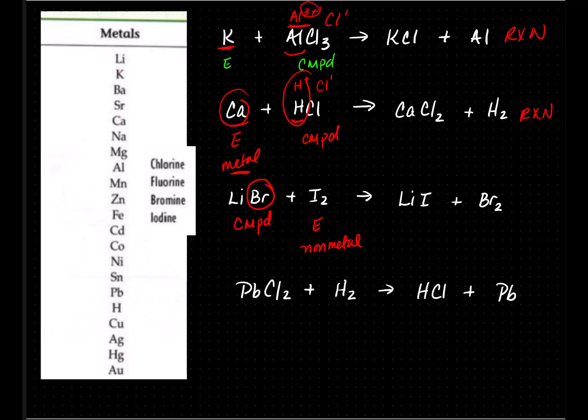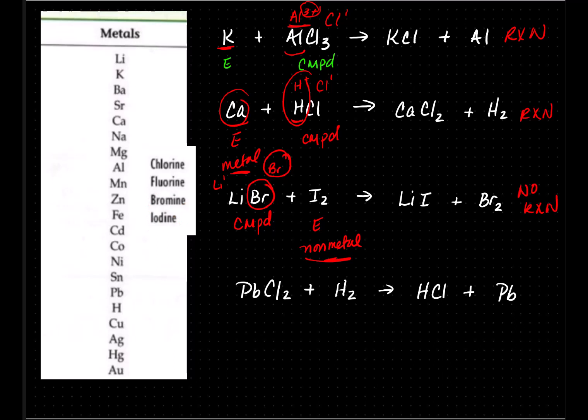In a compound, bromine takes a charge of -1. Lithium has a charge of +1. So if I crisscross, this is LiBr. Since bromine is a -1, this is my ion. So I look up bromine and I look up iodine. Iodine, which is the element, is lower than bromine. So this is no reaction.